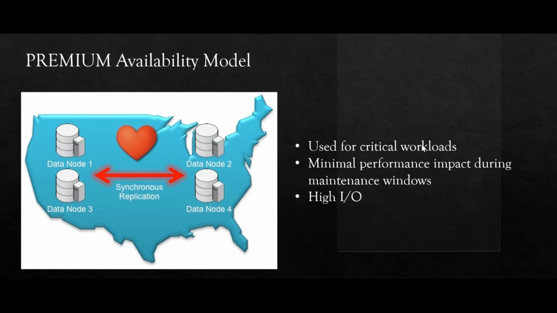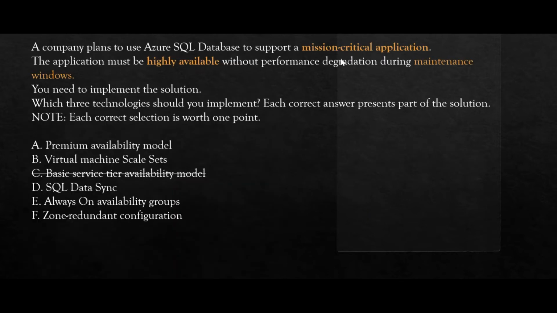That is exactly what our question is asking for, and it has minimal performance impact during maintenance windows, and it provides a very high IO. Since our question is talking about a mission critical application and it does not want performance degradation during maintenance windows, premium availability model would be our first answer. So we will mark this answer and proceed forward.